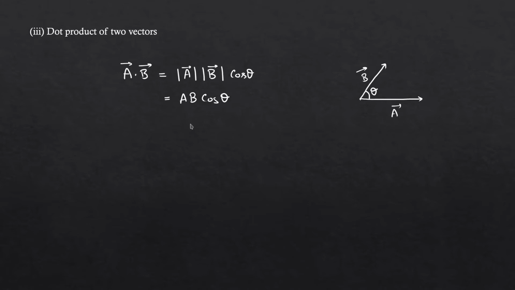So some properties of it. It is commutative, that is A dot B equals B dot A. You can also see that if you put B dot A, you will get BA cos theta, which is the same as AB cos theta. It is also distributive in nature.